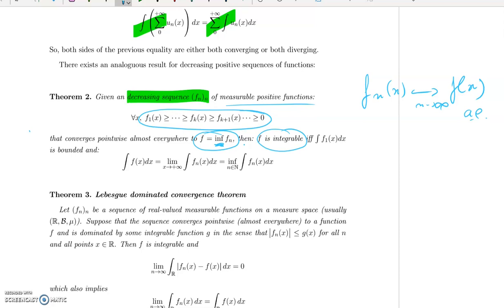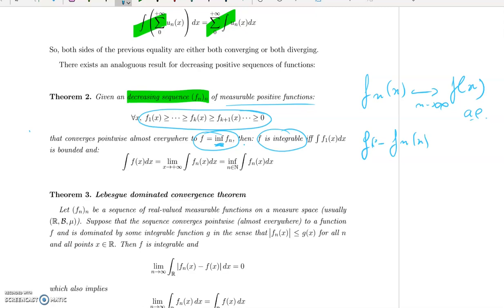You remember the proof: we build an auxiliary increasing sequence, made out of f1 minus fn of x, so the first item of the sequence minus fn of x.